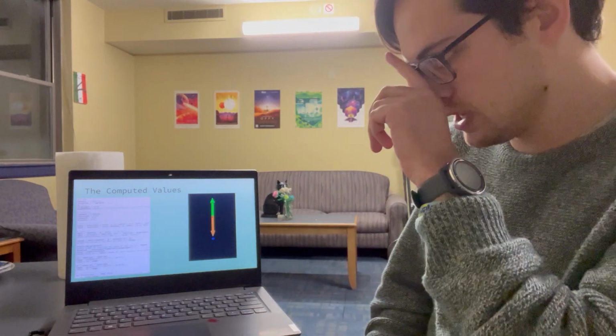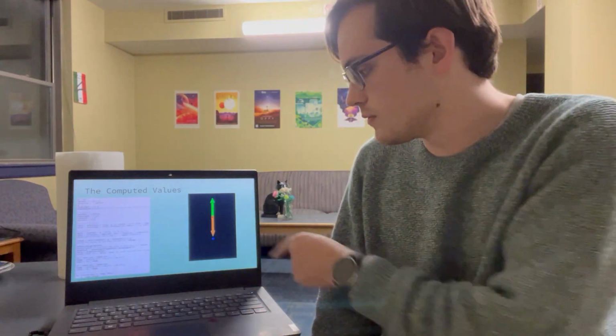After this, we took the computations in GlowScript, and we were able to see that the two forces are equal and opposite, and we were able to also calculate many other details later.